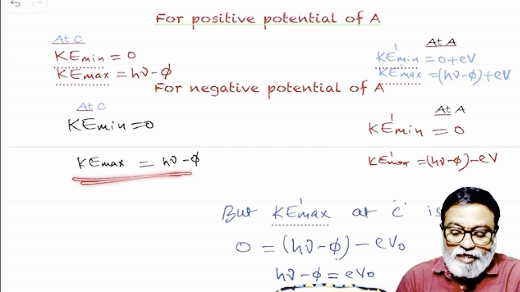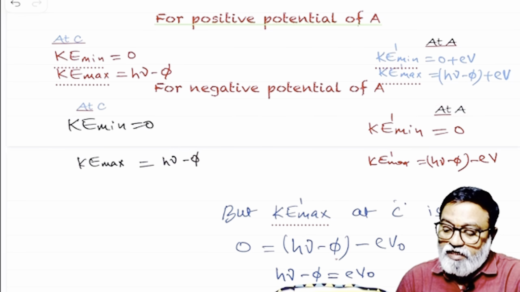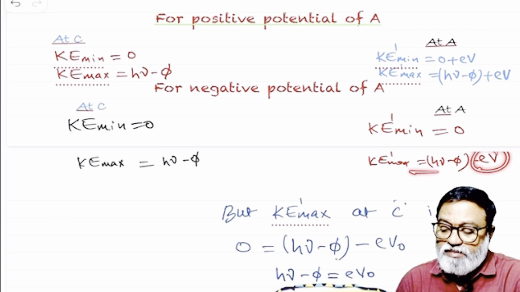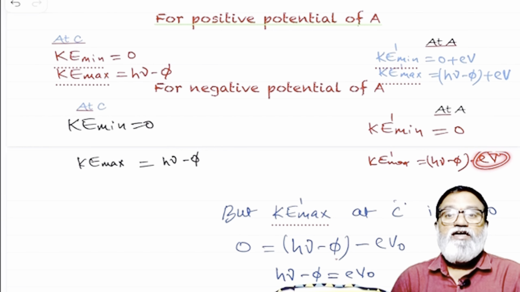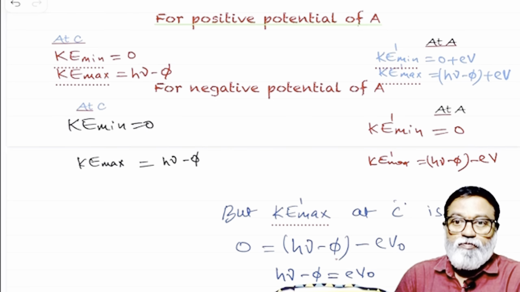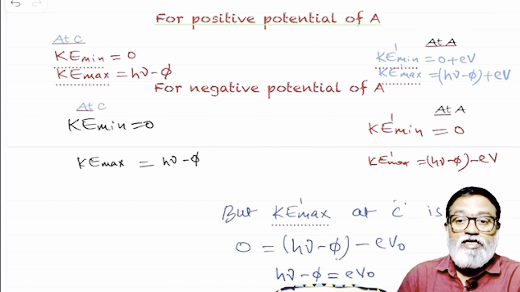Next one, KE maximum is equal to h nu minus phi. But at the anode, KE maximum is equal to h nu minus phi, and here the work done by the battery is eV naught. Therefore, minus eV. This is the work done by the battery. At a particular negative potential V naught, even the maximum kinetic energy electrons do not reach the anode, meaning the maximum kinetic energy at the anode is 0.